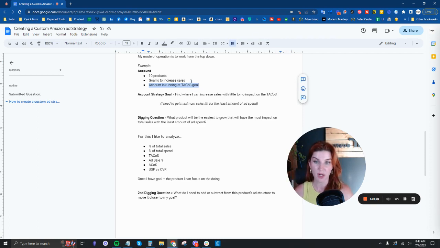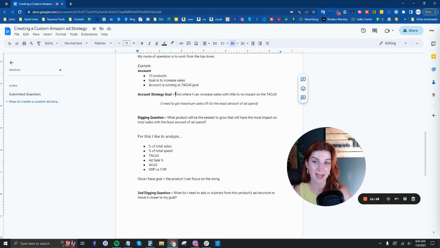Therefore, I need to increase my sales, and if you're talking ads, the only thing ads can do is push spend in a specific direction to gain visibility, which then gives momentum and helps you increase sales. But I have to balance that with the fact that I'm running at my total ACoS goals, which means if I push ad spend, it needs to come back to me. I need to be careful.